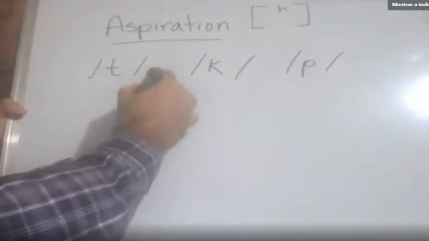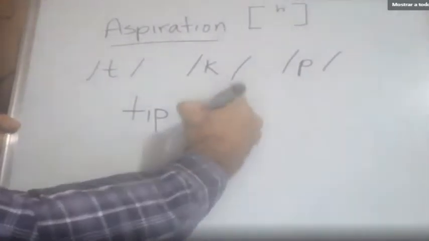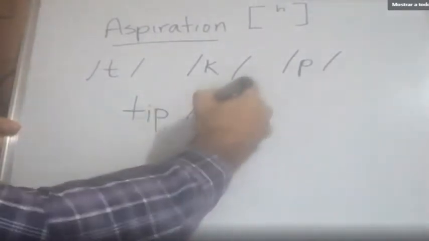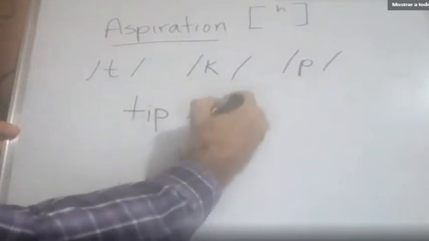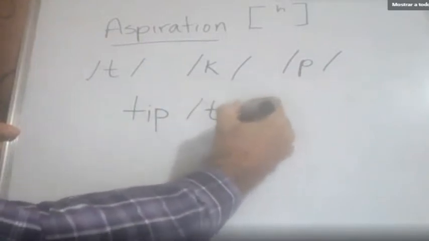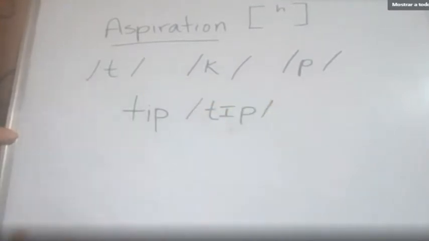Let me give you an example of word initial. I can say, for example, tip. In broad transcription, no problems, right? You know how to transcribe it, just like in the workshop.